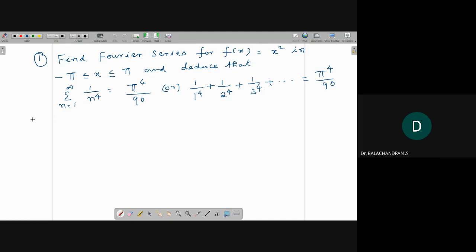this series. We can solve this problem quickly because we know a naught and an, since this function is even. I think yesterday we also discussed this problem in the triple E class, the second problem we solved in the classroom. What is a naught?